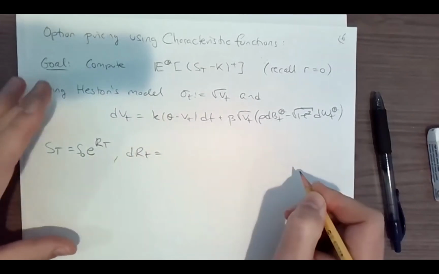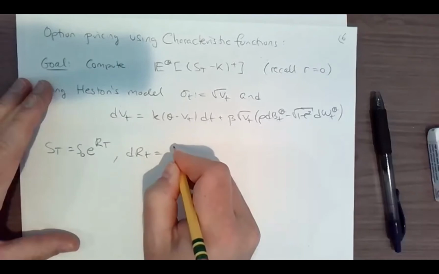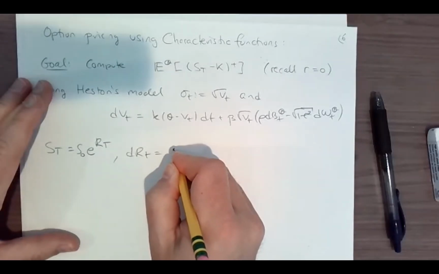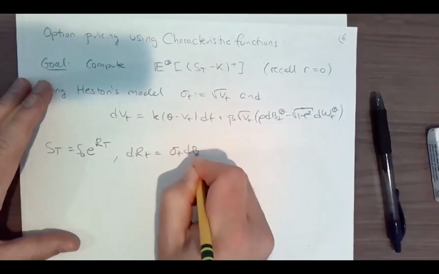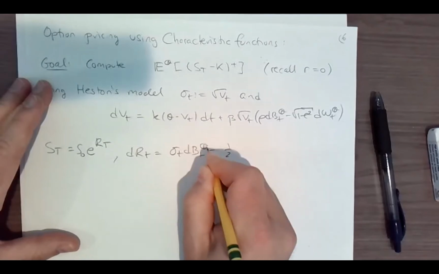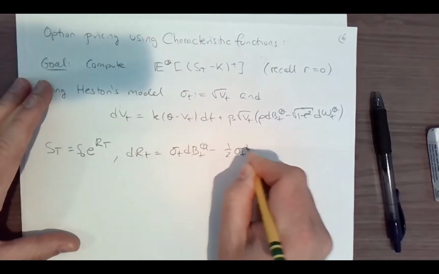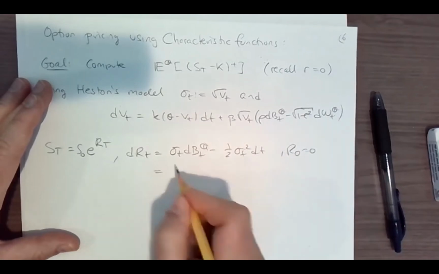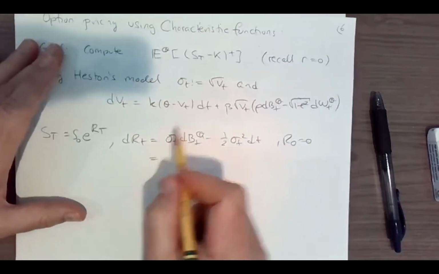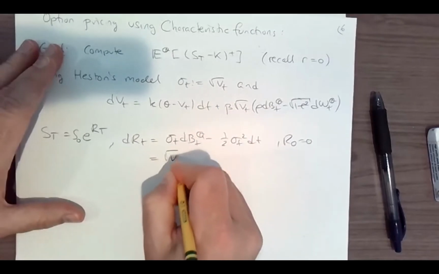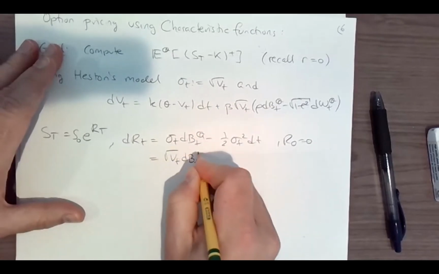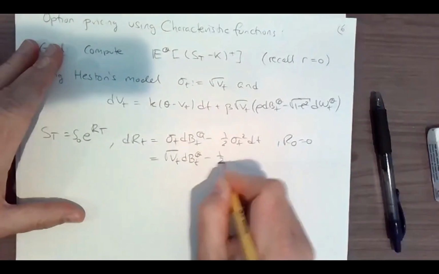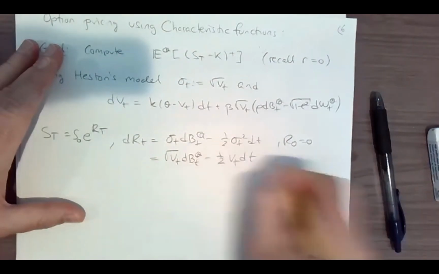R_T was the sigma_T dV_T^Q minus 1/2 sigma squared. R_0 was 0, so we can insert here what sigma was, that square root. And then you get your V_T here.